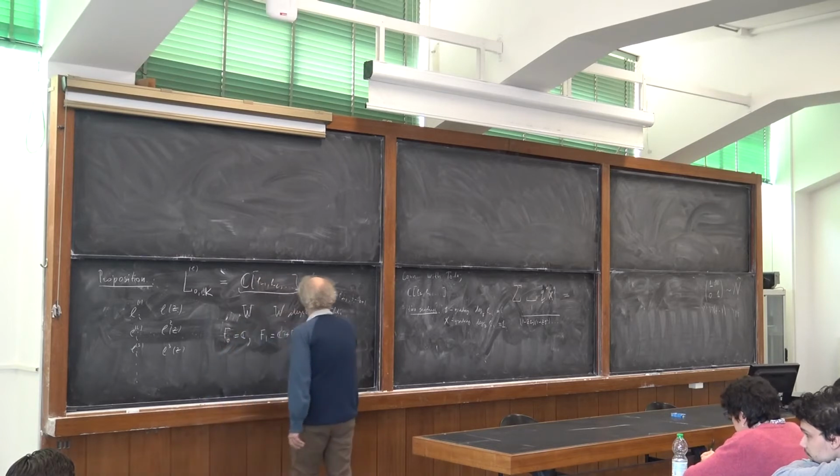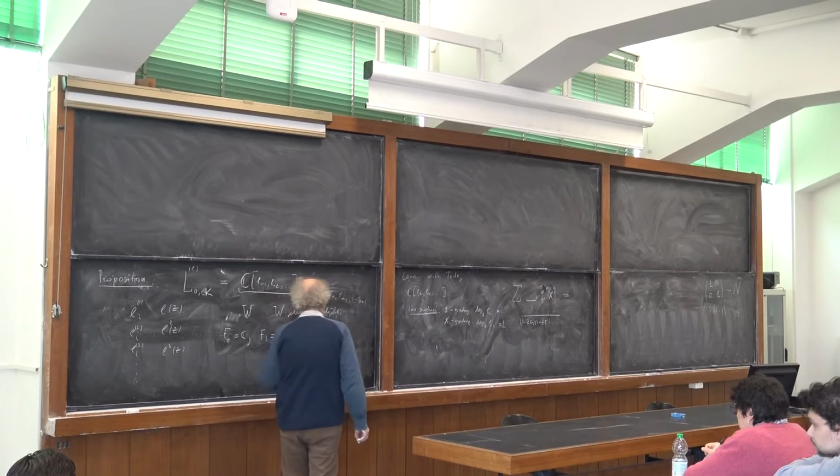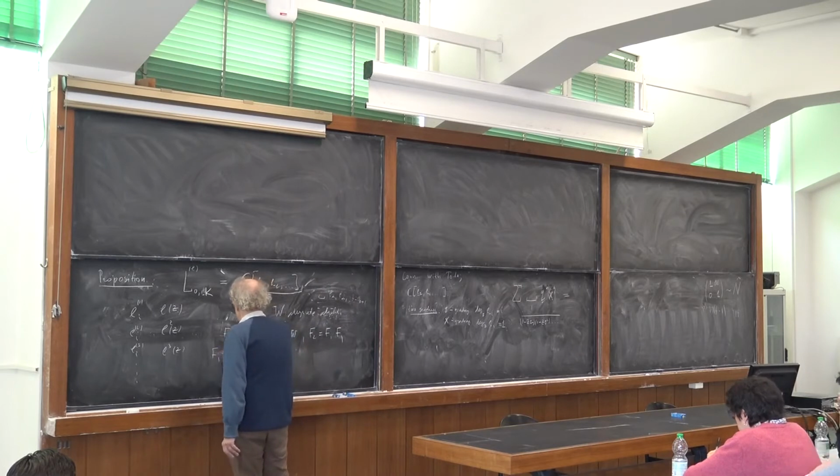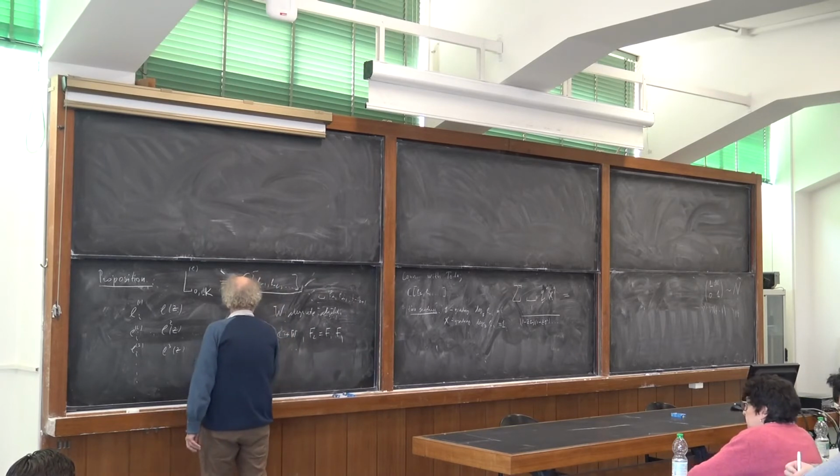And F2 is F1 times F1, just the product of elements here, and if you have F_i, then F_i is F_(i-1) times F1.